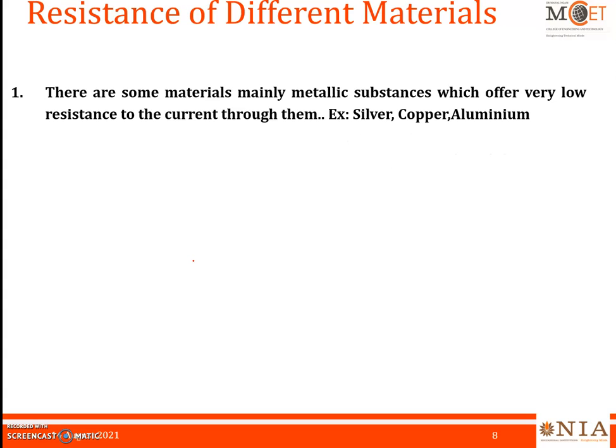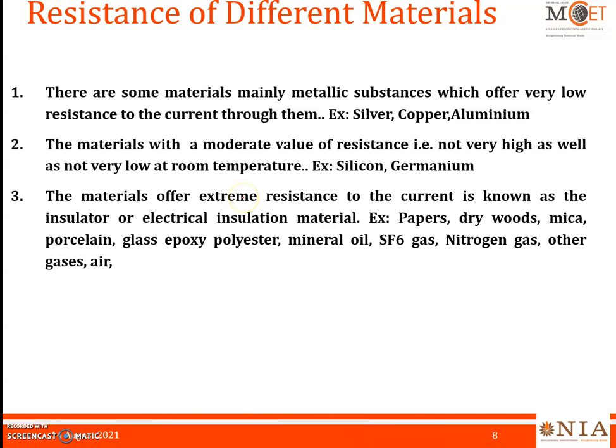You have different materials, and different materials will have different resistance. For example, metallic substances have very low resistance. The examples are silver, copper and aluminium. Some materials have a moderate value of resistance, and the examples are silicon and germanium.